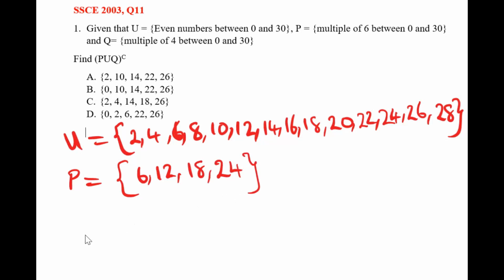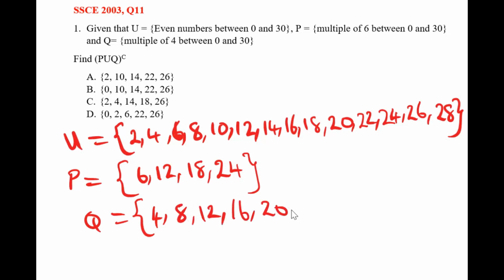Then we have Q, which is multiples of 4. Numbers divisible by 4: 4, 8, 12, 16, 20, 24, 28.